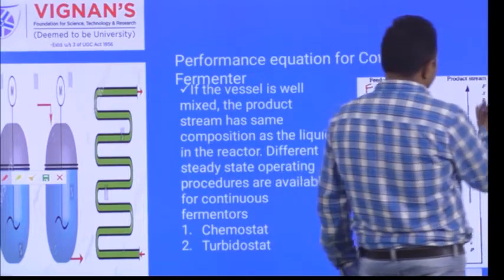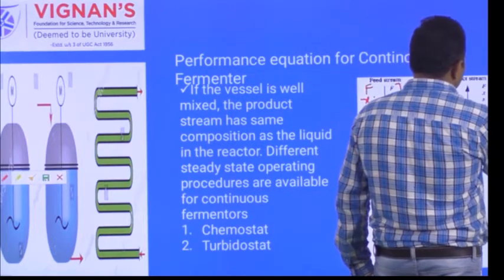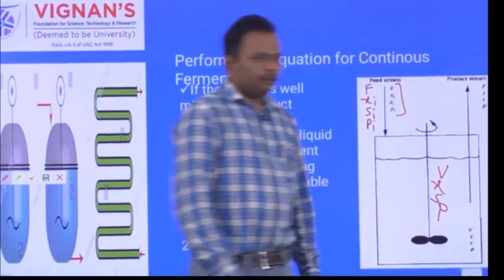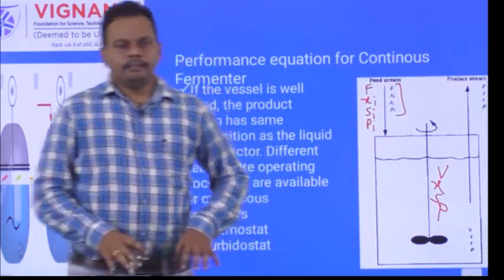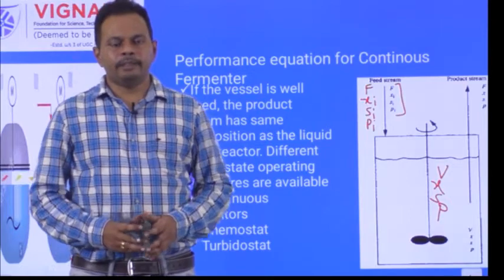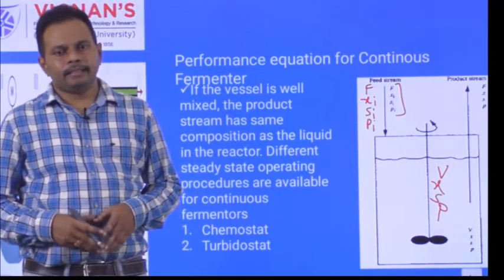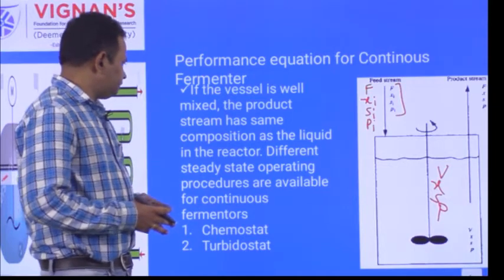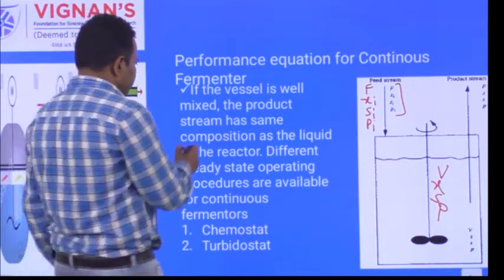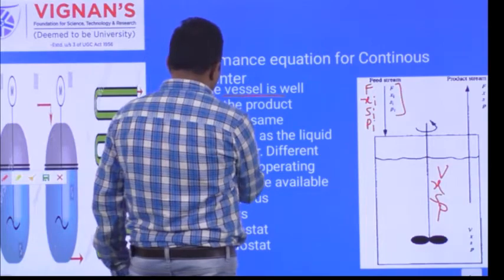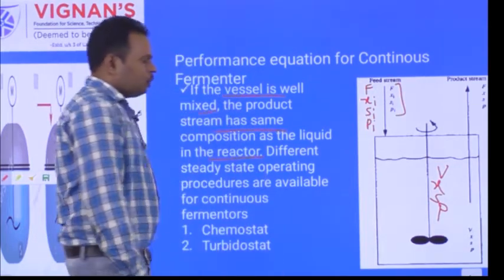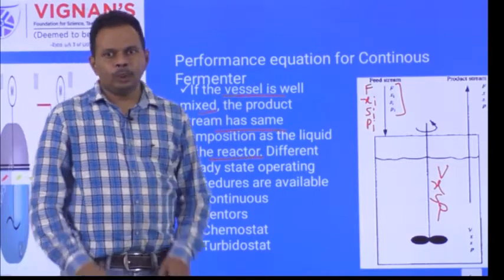So the product stream volumetric flow is F, with cell concentration X, substrate concentration S, and product concentration P. These characteristics are similar to the MFR, mixed flow reactor. That means the vessel is well mixed and the product stream has a composition similar to that of the liquid within the reactor.